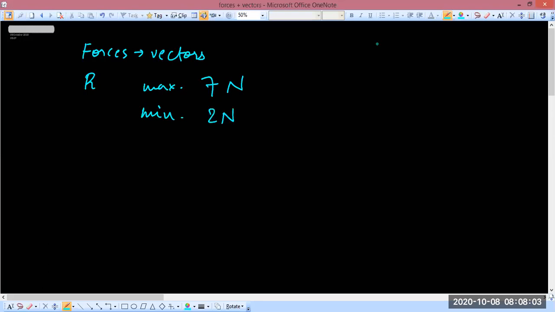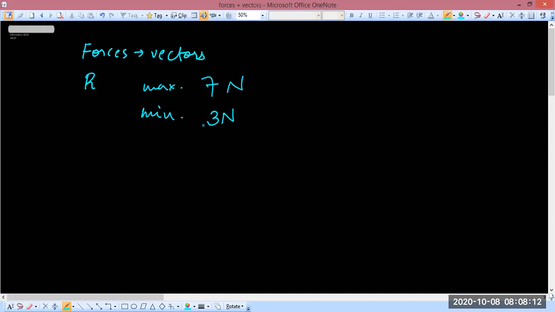It is given that the resultant of the two forces, and don't forget, forces are vectors, has maximum magnitude 7 Newton, Newton being the unit of force, and minimum 3 Newton.